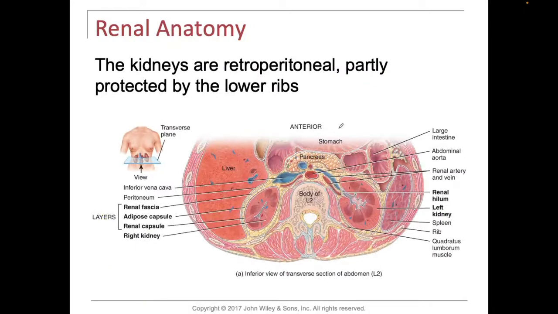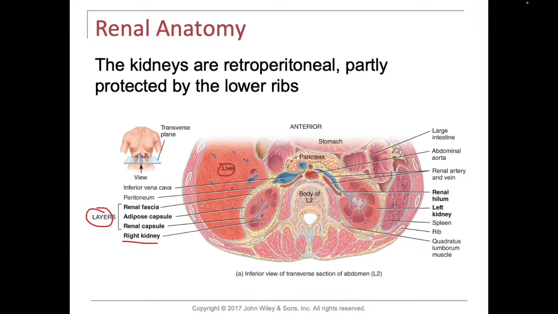Here's a really neat picture just showing the many layers that we have. So we see here the many layers, superficial. Here is the right kidney, and we can see the liver here. Okay, so the liver is on the right side.